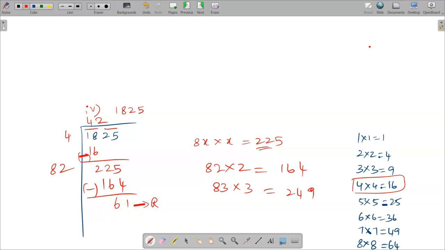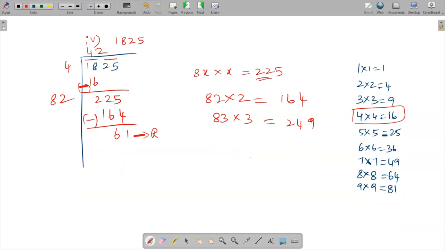So since you are getting the remainder, what I can say? 42 square is lesser than the given number 1825. So with 1825 I have to add some value in order to get the next square number. What is the next square number? 43 square. Okay. So x I can write it as 43 square minus 1825.